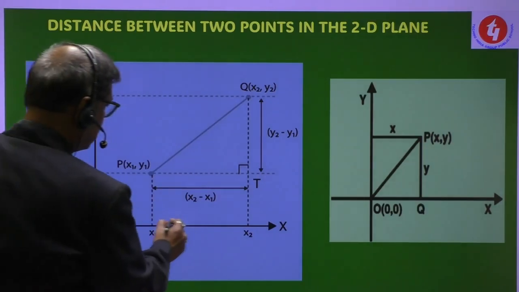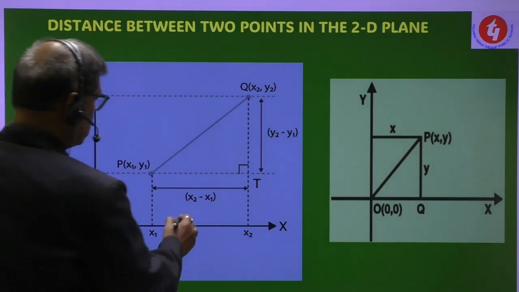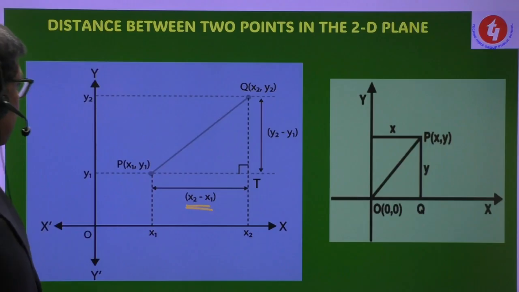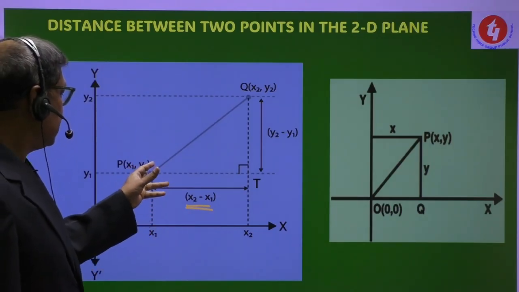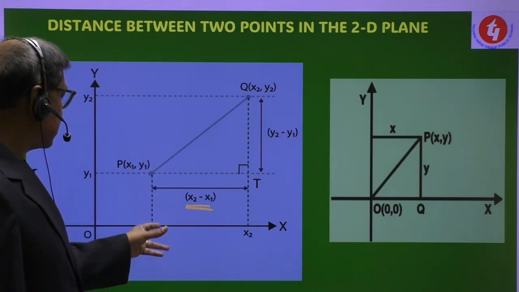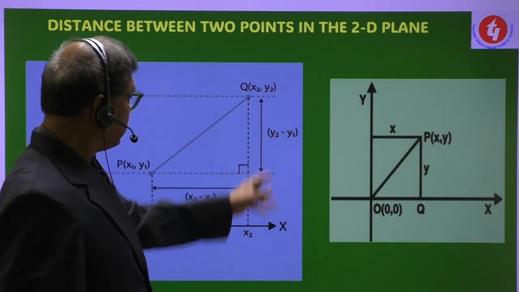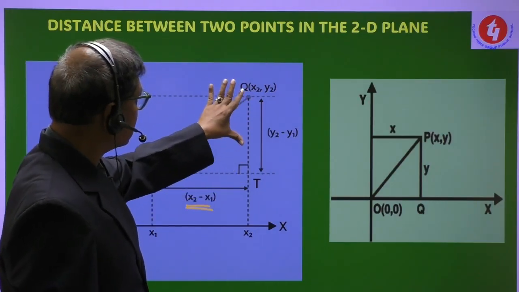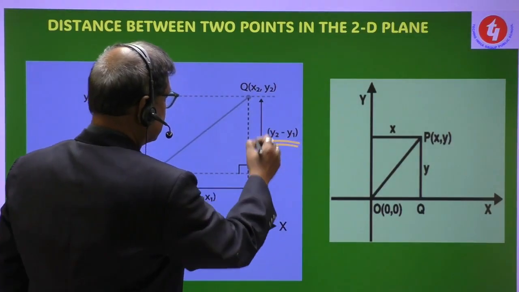So this length is x2 minus x1. Similarly, this ordinate length is y1 because the coordinates of P is x1, y1, so ordinate part is y1. Similarly, this length y2 and this length y2 minus y1, that means QT, this length is y2 minus y1. Is it clear?